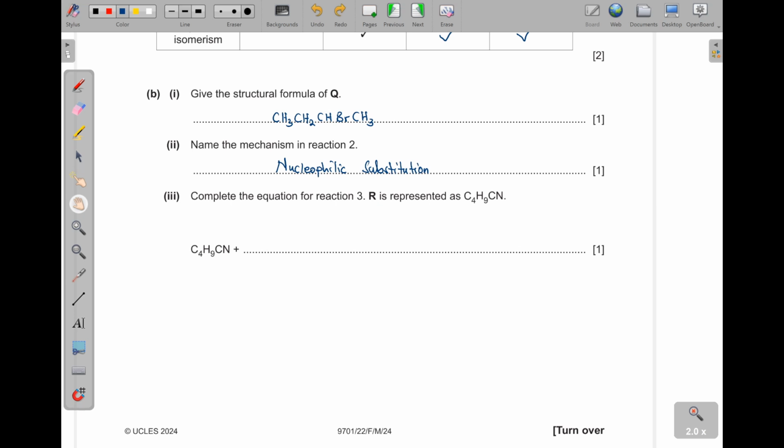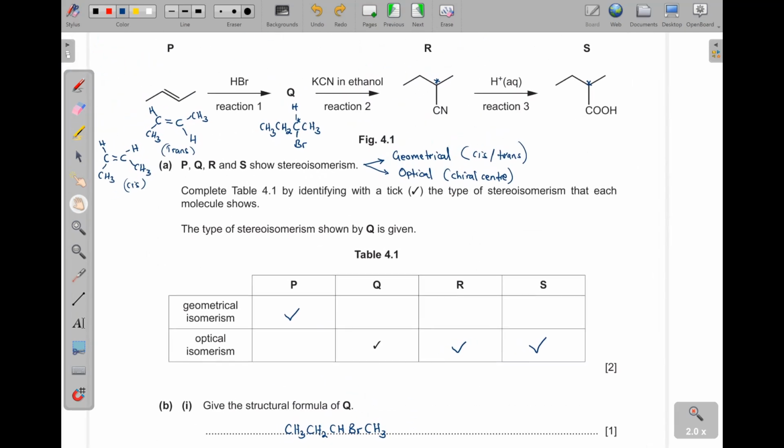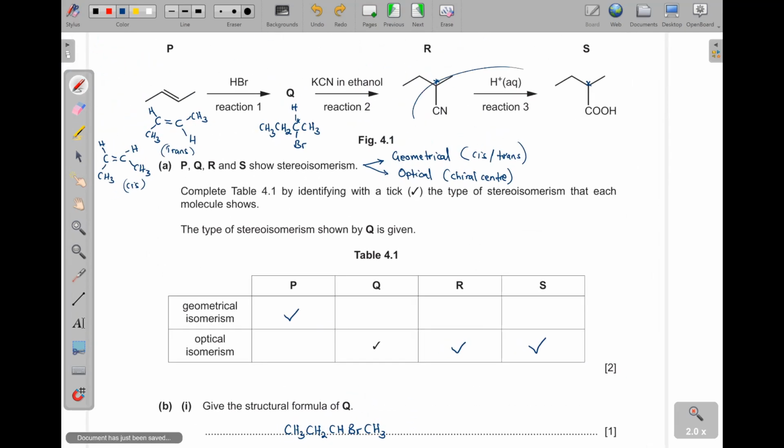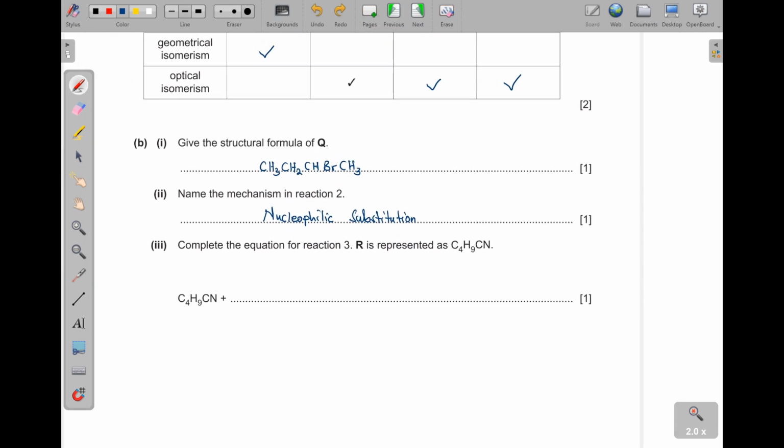R is represented by C4H9CN. Now for reaction 3, remember, there is hydrolysis, okay? So it's acidified water that you add there. So we can put hydrogen ions and then also water, acidified water. Then we get the carboxylic acid, C4H9COOH.